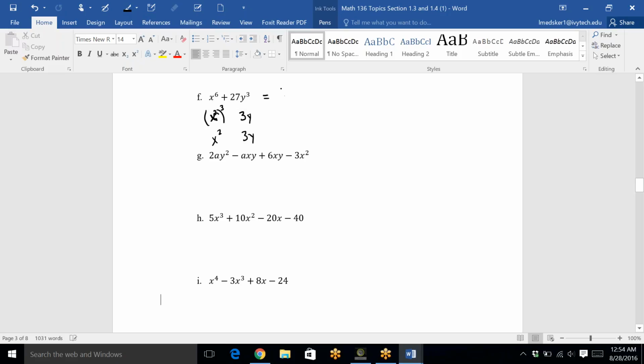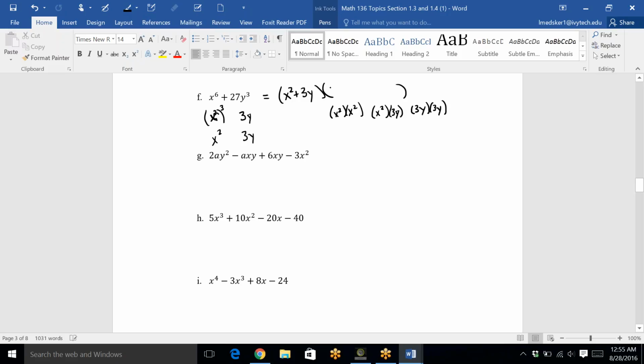So remember, in perfect cubes, it's a binomial times a trinomial. Essentially, you take these two cube roots and you write the sign in the middle. So this would be our binomial. For the other pieces, we have to do combinations of the pairs. So x squared times itself, x squared times 3y, and for the final one, 3y times 3y.